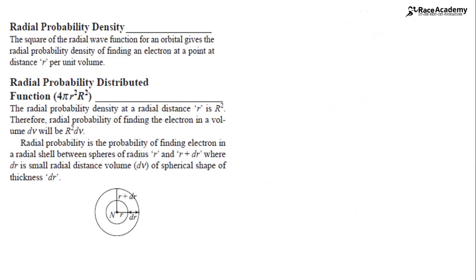Now the radial probability density, what we observed here, is 4 pi r square into psi square.